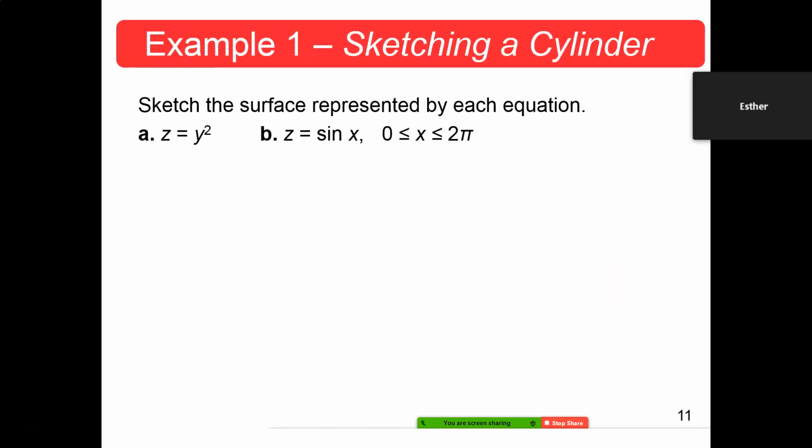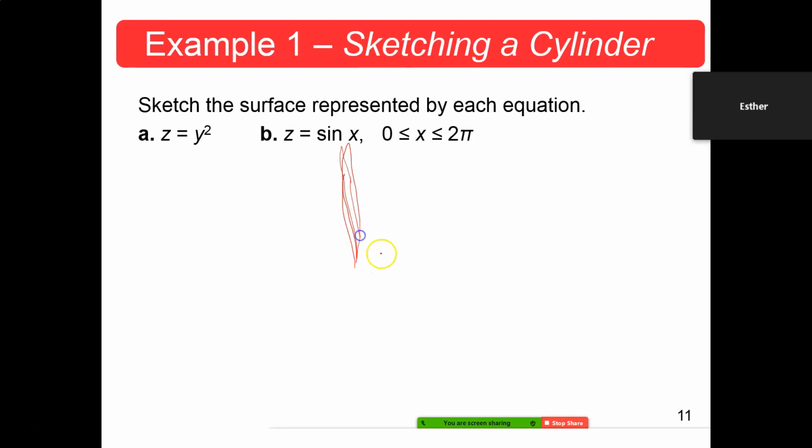All right, so here it says sketch the surface represented by each equation. The first of these is z is equal to y squared. Well, obviously the x-axis is not involved with this at all, so I'm going to try to draw the z-axis.